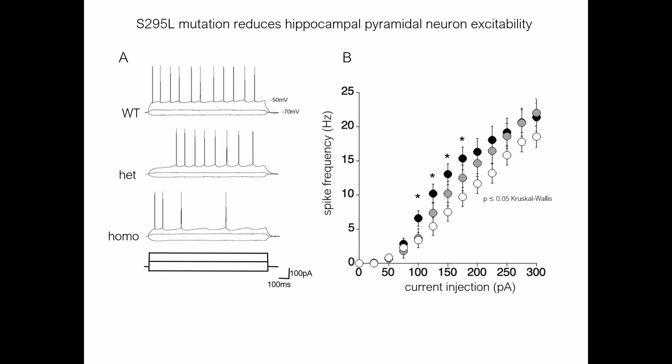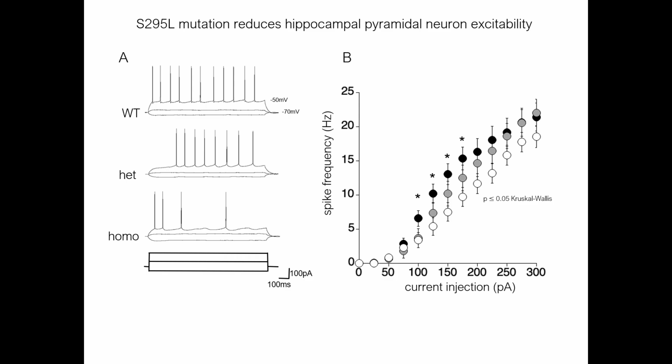If we inject equal amounts of current into these three genotypes, you can see that the spiking is more robust in the wild type, and it's less in the het and even less in the homozygous. And if we plot the current injection versus the spike frequency, you can see that there's this shift where more excitation is required in the mutant animals.